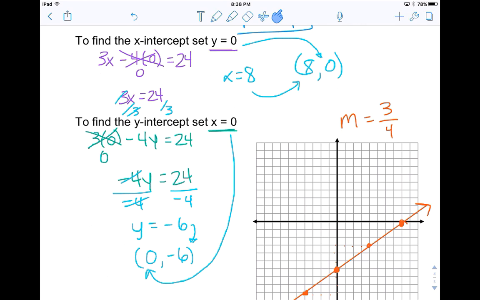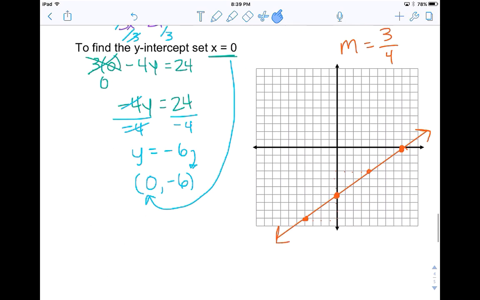For the x-intercept, we plug in 0 for y so that we can solve for x. And for the y-intercept, we plug in 0 for x so that we can solve for y. Once we've got those two intercepts, just plot your points. You can use the slope to find other points, you don't really have to. And then draw your line through your points.